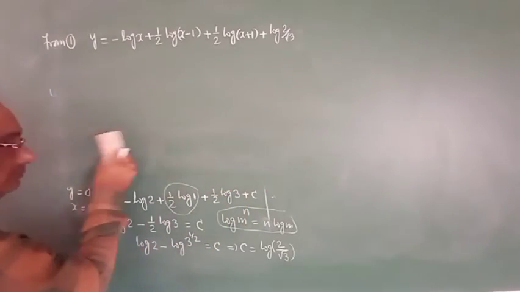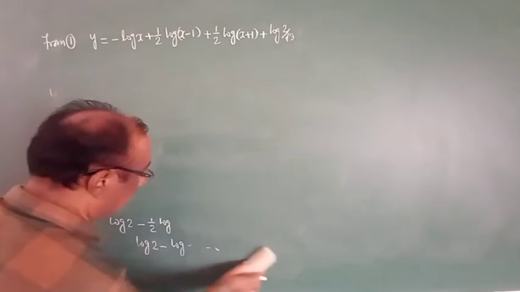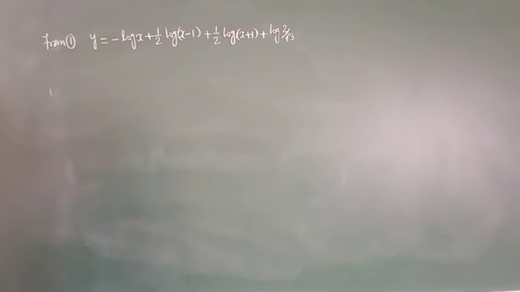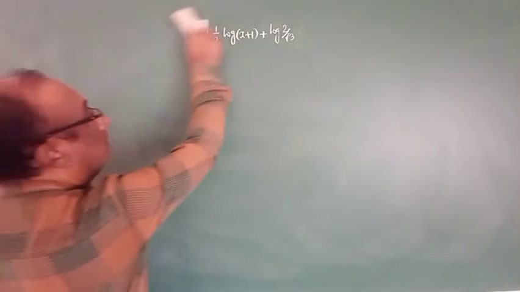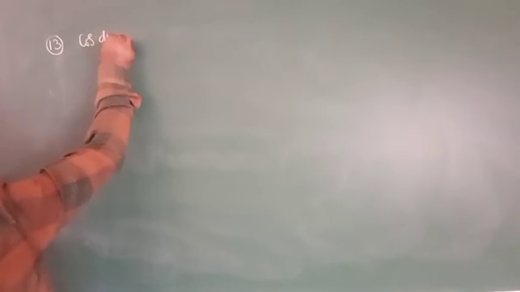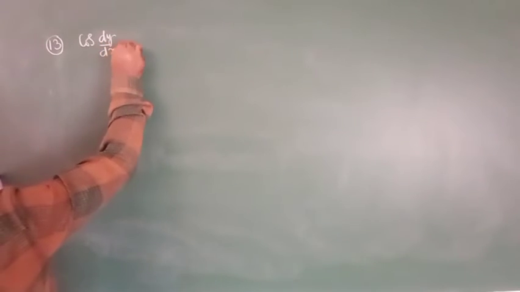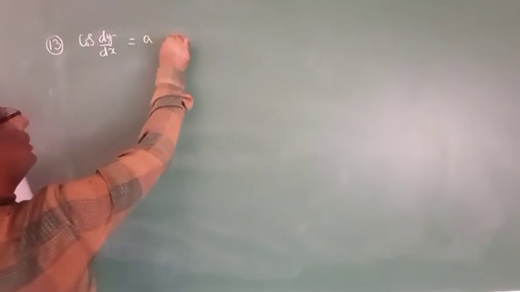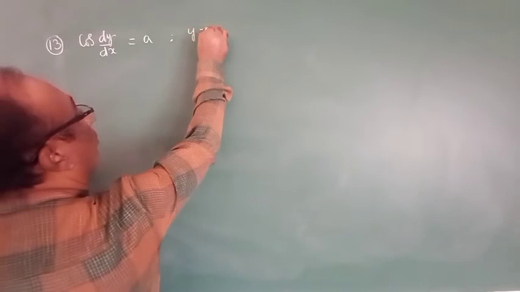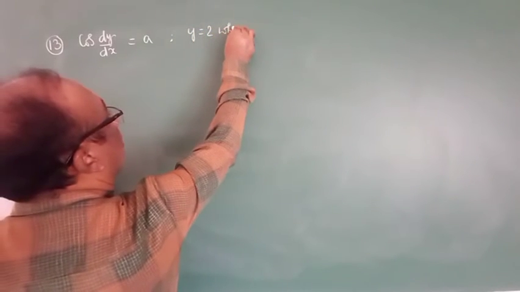Everyone see, the 13th problem. Everyone observe the 13th problem. The 13th problem is given by cos of dy by dx is equal to a, y is equal to 2 when x is equal to 0.